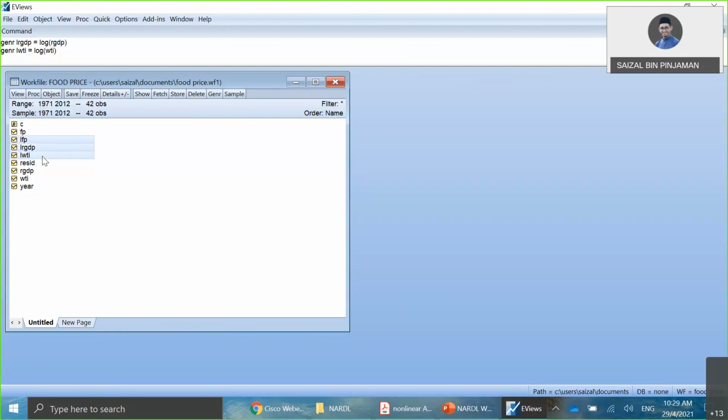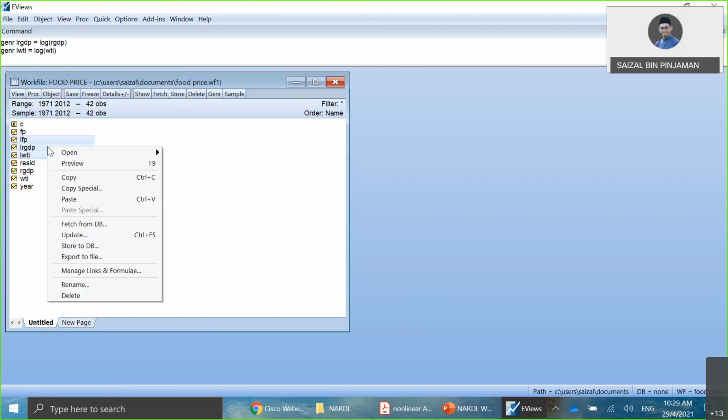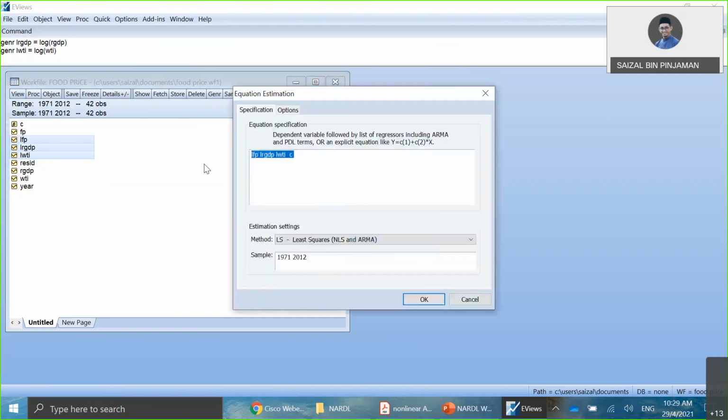So we are going to put them on the right-hand side of the equation. Once we select the variables, we can right click our mouse, and then choose open, and then choose as equation.